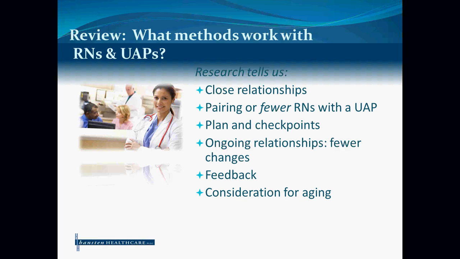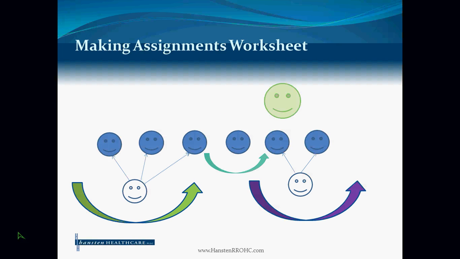And we also think about those folks that are working with us. Do you have people who are aging that need to walk a little less, or what is it that works with the group that we have with us on our unit? So on page 5 of your handouts, you'll see that we have a Making Assignments worksheet.